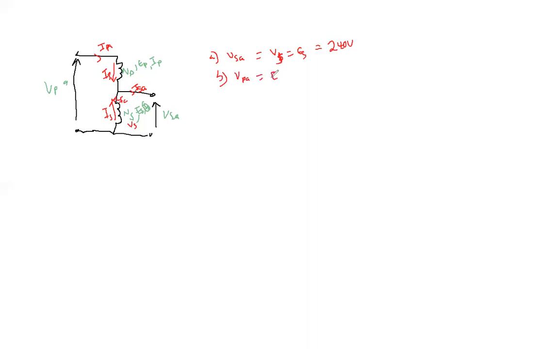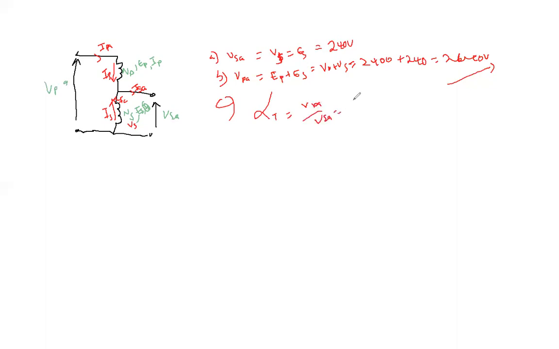It is the sum EP plus ES, which is VP plus VS, which is just the same as 2400 plus 240. This gives us 2640 volts.